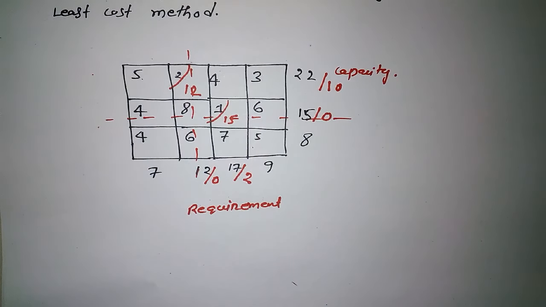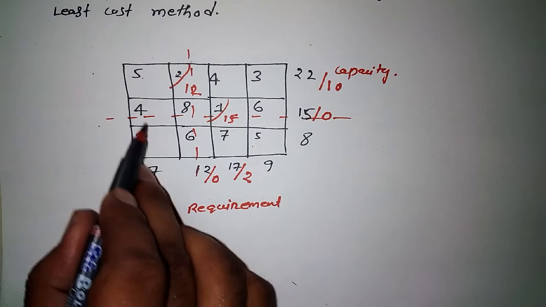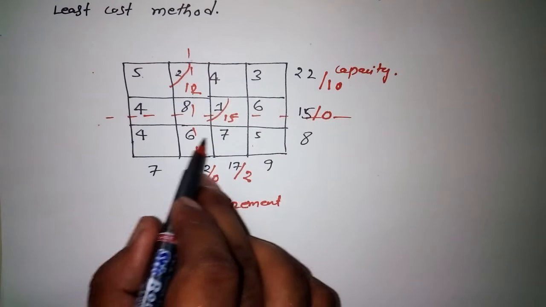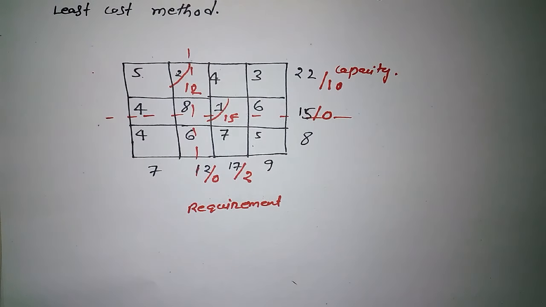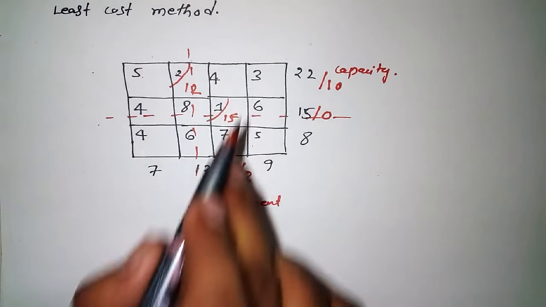Why am I doing this? Because we don't need to look at the numbers in this line, as we are already done with them. Right now we are having only a few values: 4, 5, 4, 3, 4, 5 and this. We need to find the least value again from these remaining numbers. The least value is 3, here.